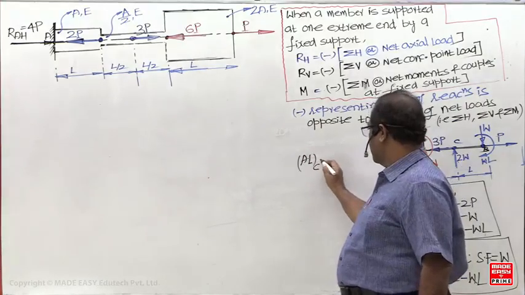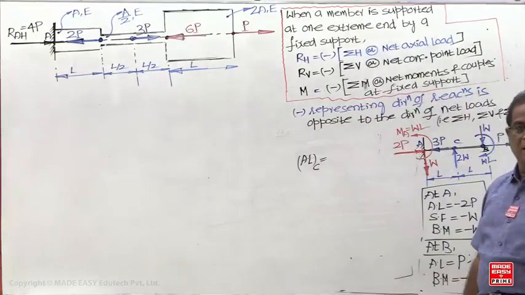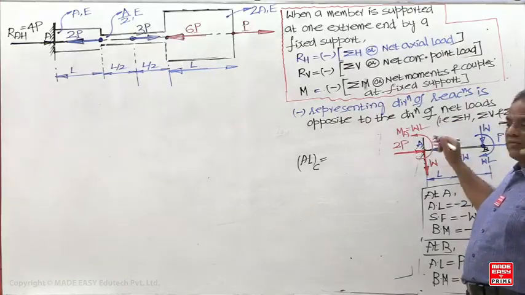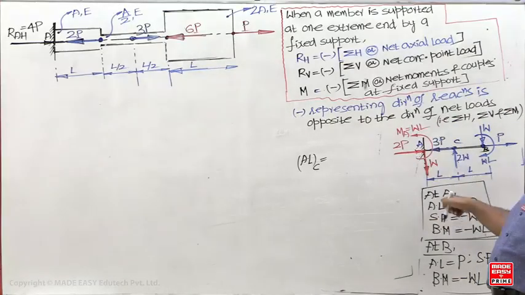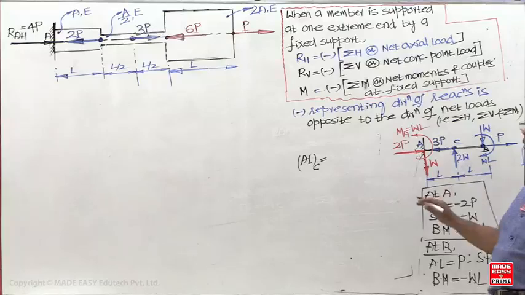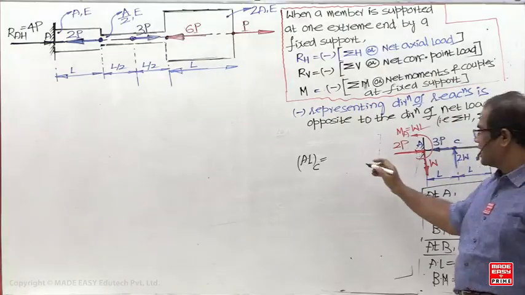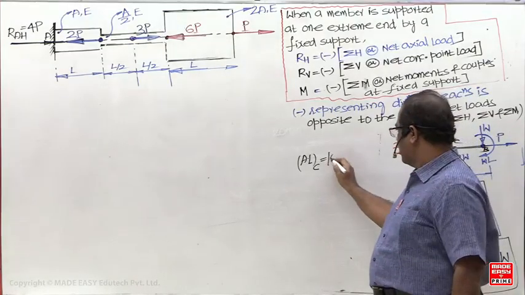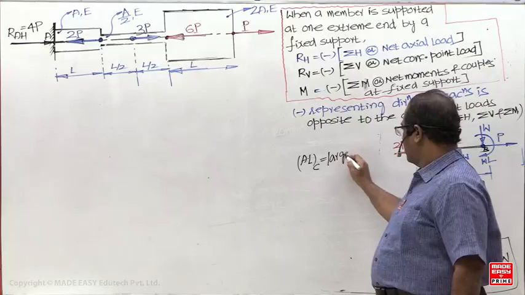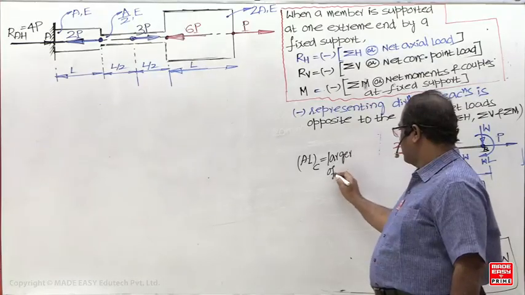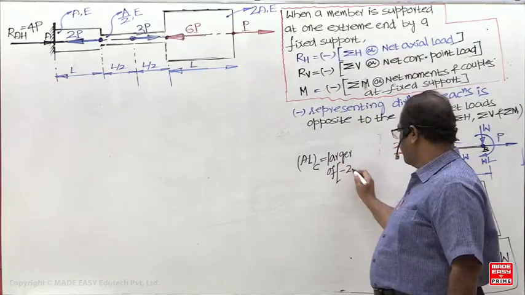Axial load at C directly. Otherwise you have to take sections: section in AC, section in BC. Instead of that, what are you doing now? Neglecting it. If you neglect it, what value do you get? Minus 2P.